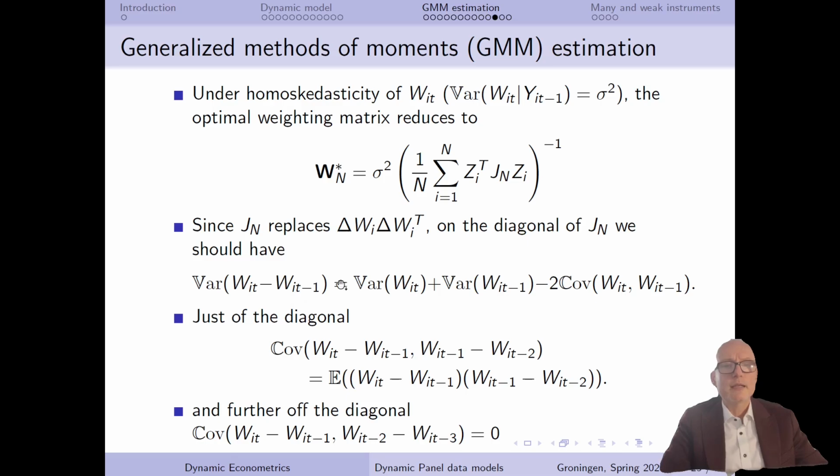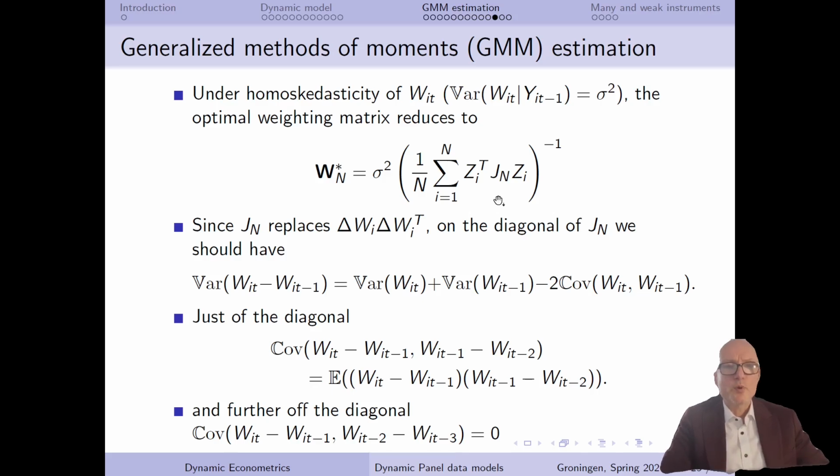We should realize that this is always equal to the variance of w_it plus the variance of w_it-1 minus 2 times the covariance of w_it and w_it-1. This is always true: the variance of a difference is always the sum of the variances minus 2 times the covariance of the terms that we subtract from each other.